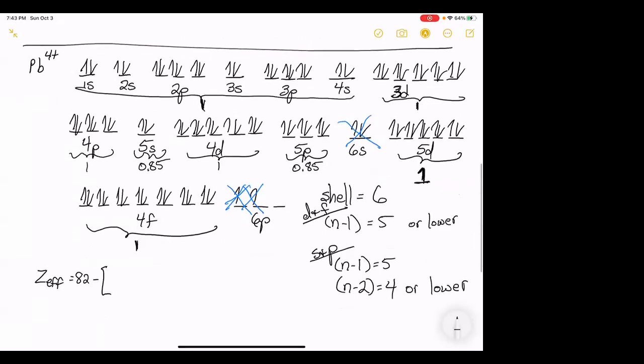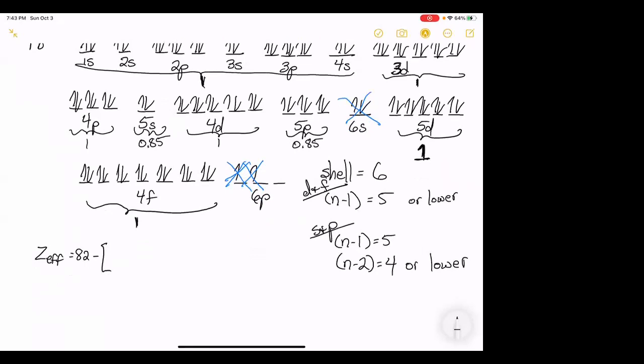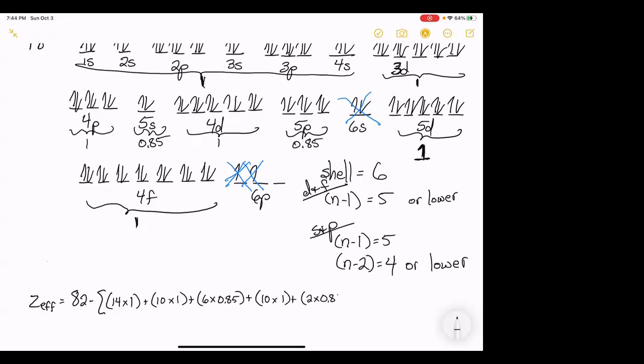Let me move this down a little. So my Z effective is going to equal 82 minus, and you could do it by each grouping if you want: 14 times 1 plus 10 times 1 plus 6 times 0.85 plus 10 times 1 plus 2 times 0.85 plus, and I'm going to do the rest of these because they're all 1.